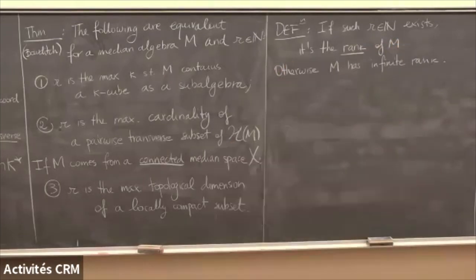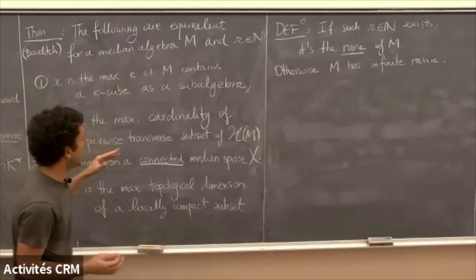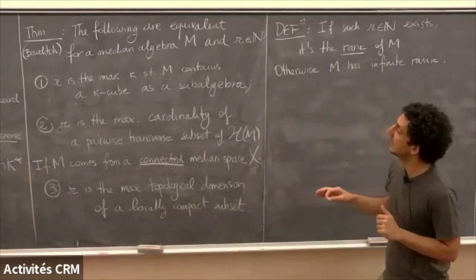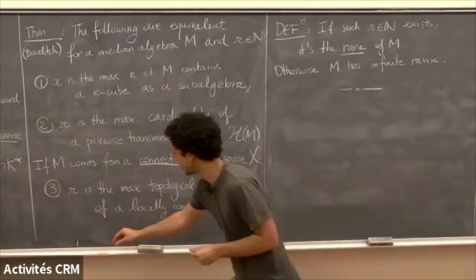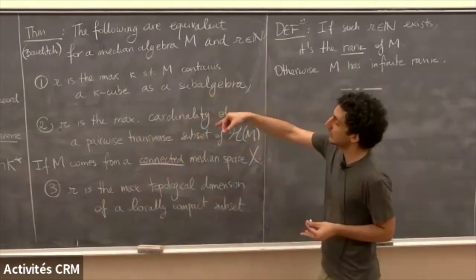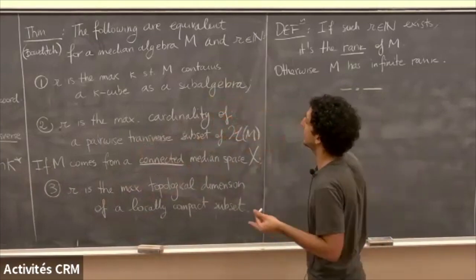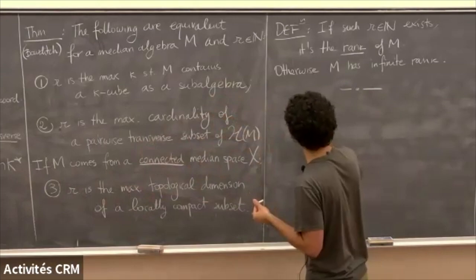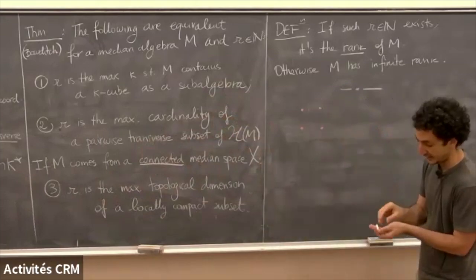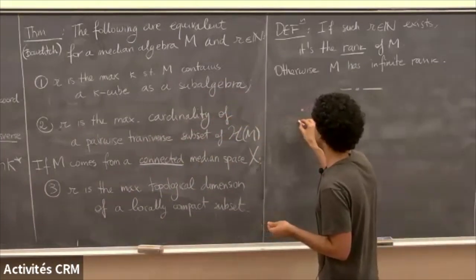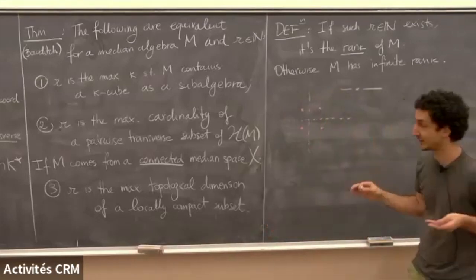Questions so far? How does the proof go? I'm not going to prove this because it uses a few facts that I haven't mentioned, but the idea of the proof is quite simple. Showing the equivalence of 1 and 2 is straightforward. If you have a 2-cube, basically a median algebra that looks like a square, it's standard to find half spaces of M that separate these points, and then they have to be transverse.